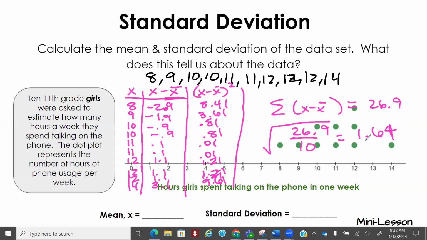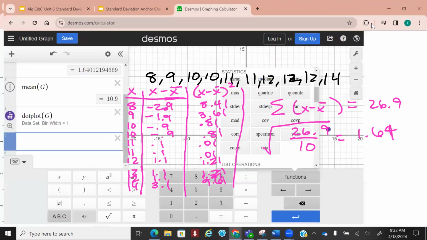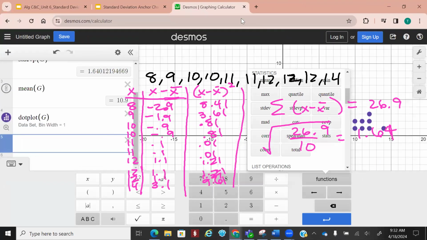Take out Desmos. Take out Desmos. We love Desmos. It's our favorite. Yep, Desmos graphing calculator.